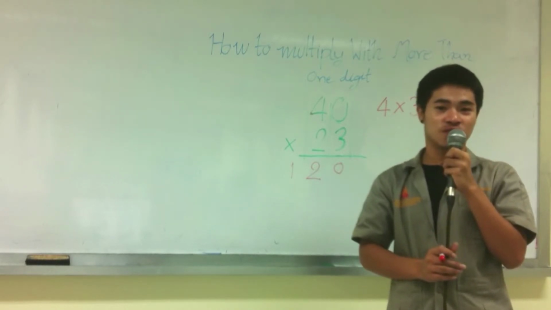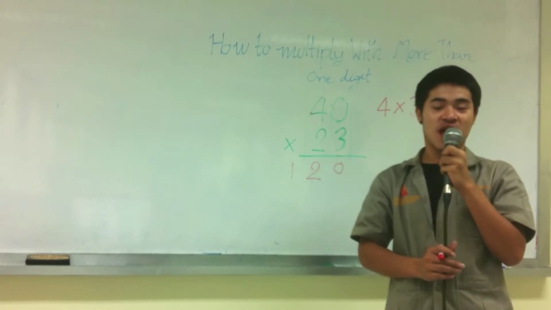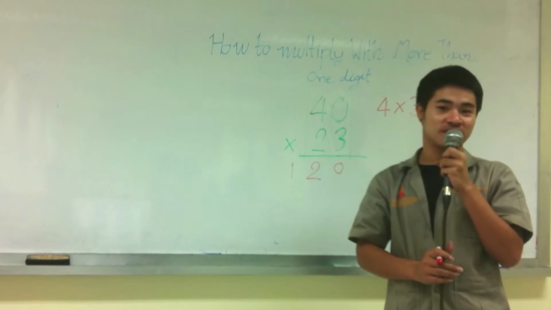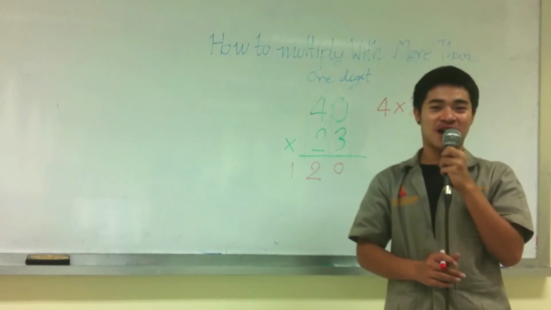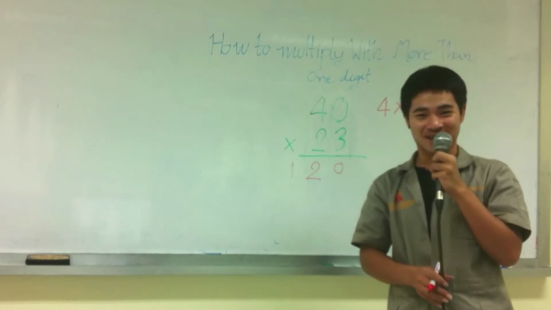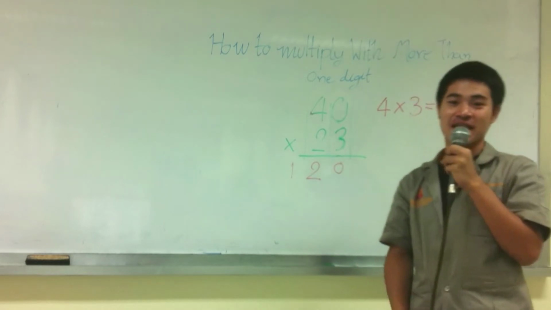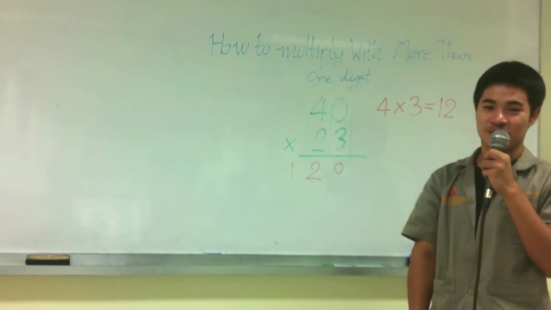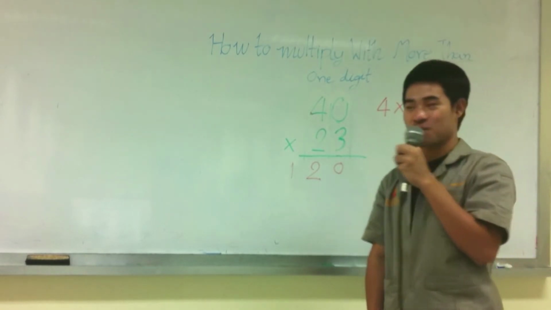The zero serves as a placeholder and reminder that you are now multiplying from the tens value place. Shift your focus and look at the next digit in your bottom number, 2 in our example.